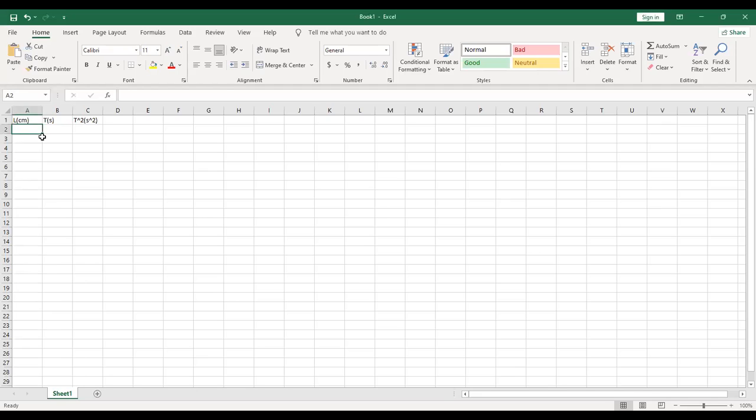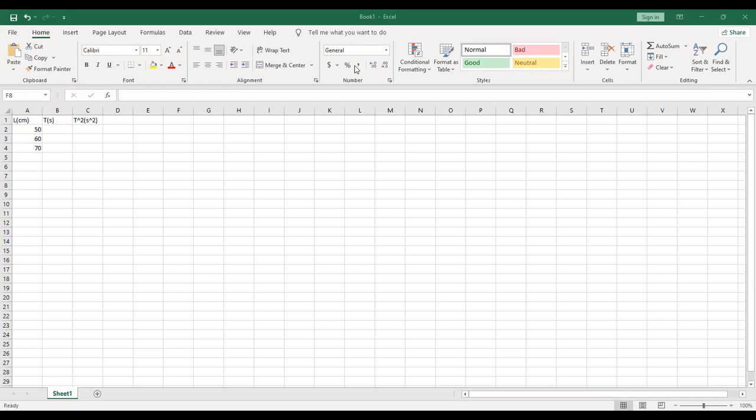Let me show. We have to see 50, 60, 70 centimeter, and then the period can be seen here. The period is 1 point... oh, not this one, table 3.